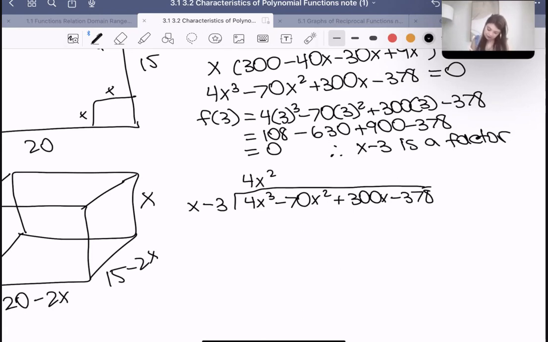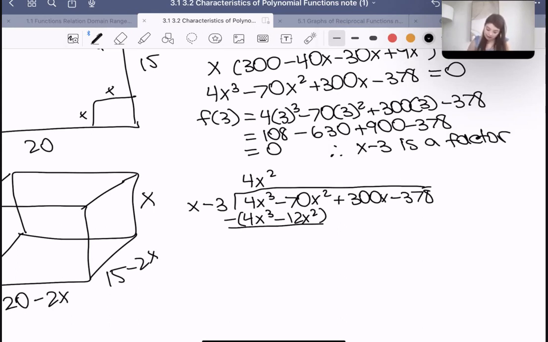So x times 4x squared is 4x cubed. And then -3 times 4x squared is -12x squared. And then we're going to subtract. And we have 4x cubed minus 4x cubed, which is 0.